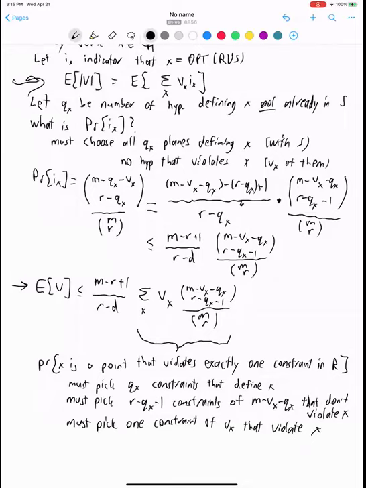Okay, so again, I'm looking at a particular point X, and I'm saying, what is the probability that X is violated by exactly one constraint in the random set that I choose? Okay. And so I have to pick exactly one violator, and everything else has to be just like before.